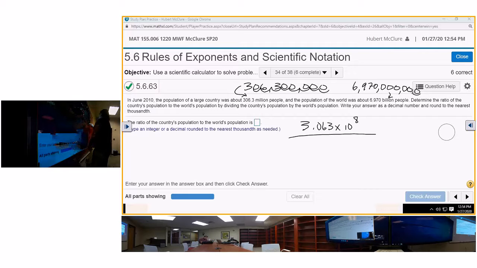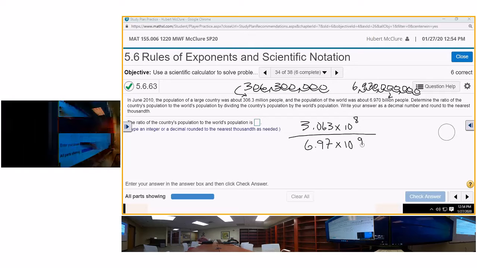One, 2, 3, 4, 5, 6, 7, 8, 9. Now somebody take your handy dandy calculator. Notice I tell you to get your calculator out. Because unless you're Rain Man, you're not going to be able to divide 3.063 by 6.97 in your head. So go ahead and do that. I'm going to take 8 away from 9 or 9 away from 8, and that'll give me 10 to the negative 1.